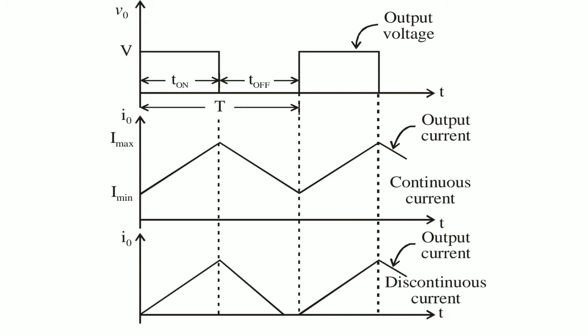In this way, whether the output current will be continuous or discontinuous can be decided only by adjusting T on and T off and the value of the inductor. So this current totally depends upon the duty cycle of the chopper and the value of the load inductor, or the inductor provided at the load.